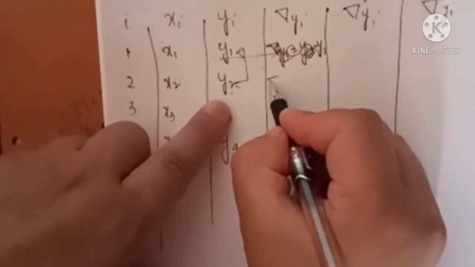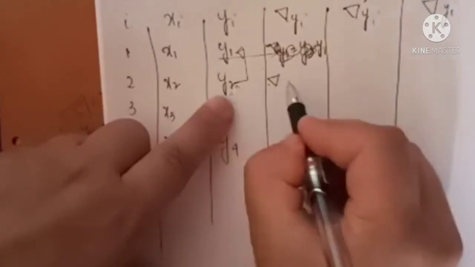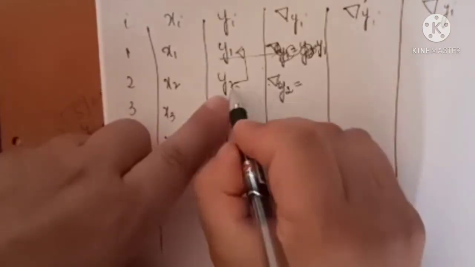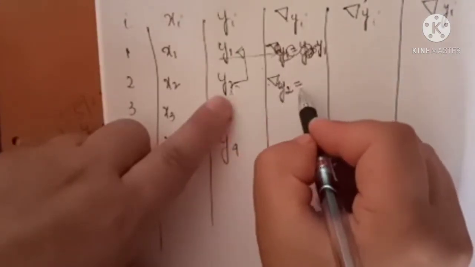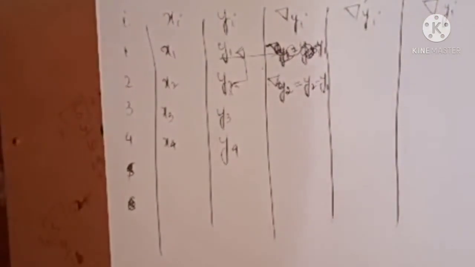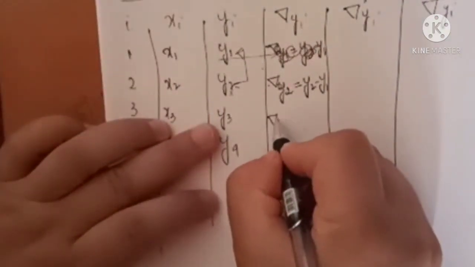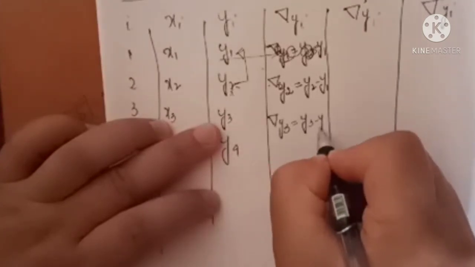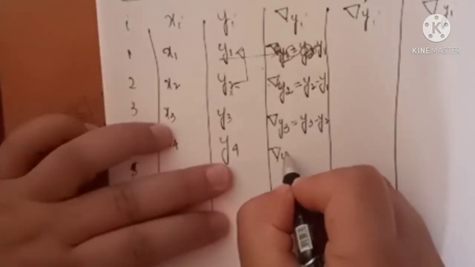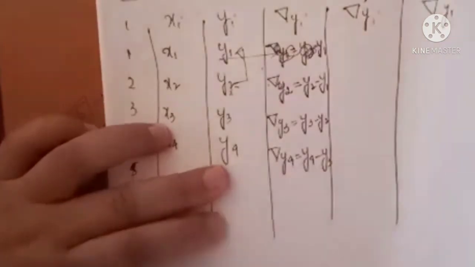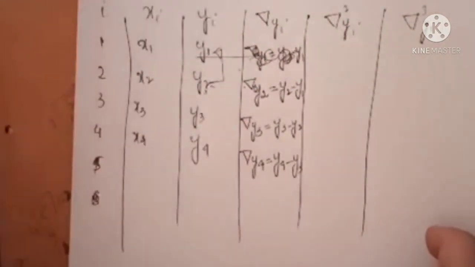So this will be delta y2 equal to y2 minus y1. Similarly, delta y3 equal to y3 minus y2. Delta y4 is equal to y4 minus y3. We have to construct it in the lower half.